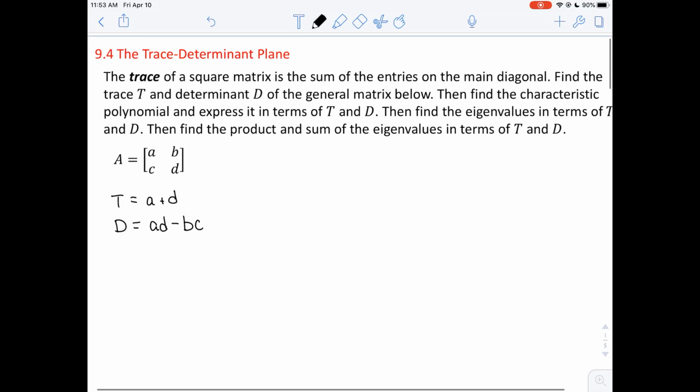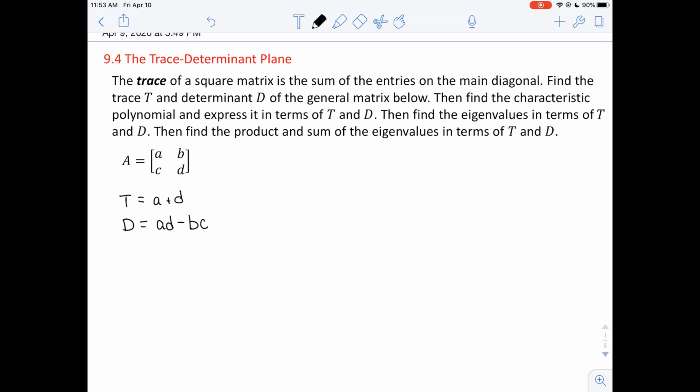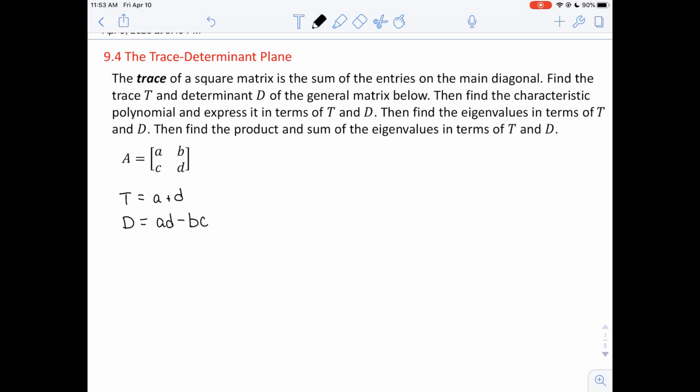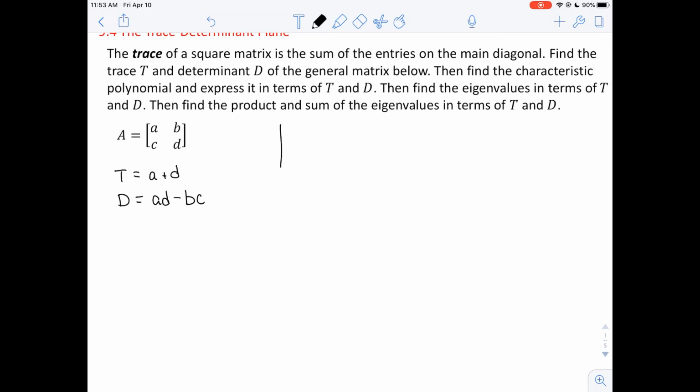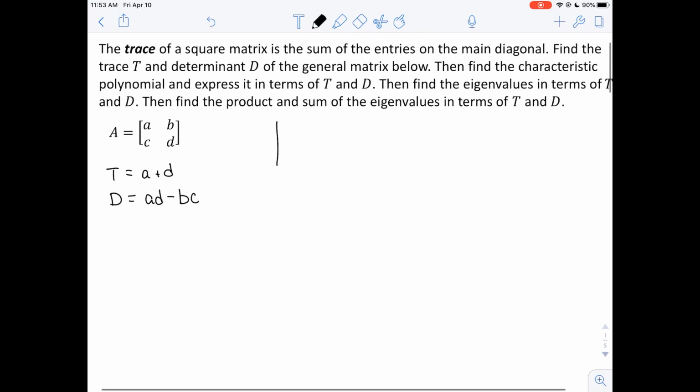Let's go ahead and set up finding the characteristic polynomial, which we do by using absolute value looking bars. Don't put the little tails on here because that means just a regular matrix. This means determinant of the matrix that we're about to write. And we do this a minus lambda, where we subtract lambda from the main diagonal. So d minus lambda down here, and the other entries stay the same.